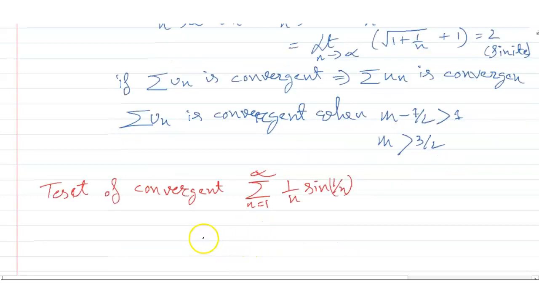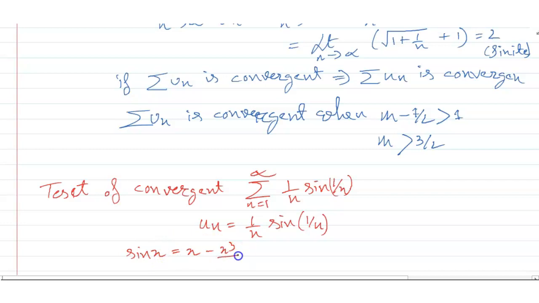So friends, you see that Un equals 1 by n sine 1 by n. Now I apply the sin x formula. What is the formula of sin x? Sin x is equal to x minus x cubed by 3 factorial plus x to the power 5 divided by 5 factorial minus x to the power 6 divided by 6 factorial up to infinity.